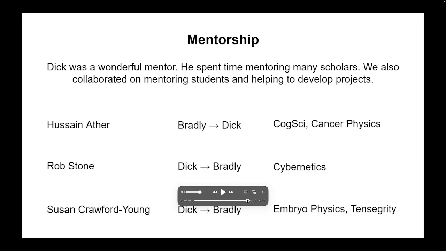Mentorship is about helping people think about things, talking with them about what they're interested in, and listening. This was always a strength of his, guiding people in certain directions, using his wealth of knowledge to push things one way or another. So he was a great mentor.